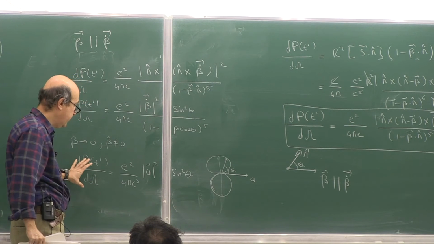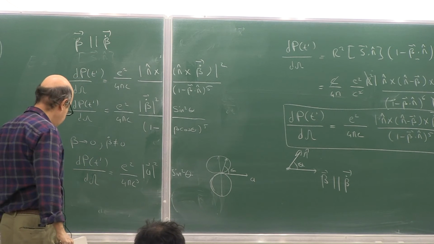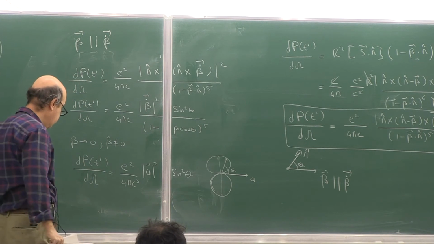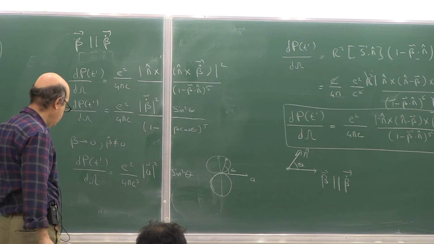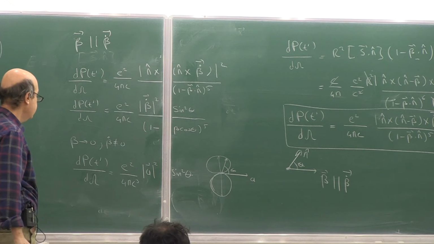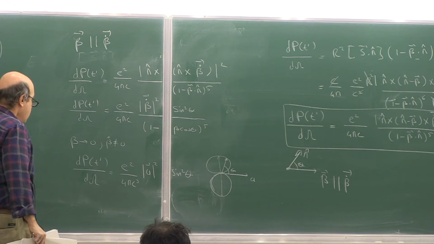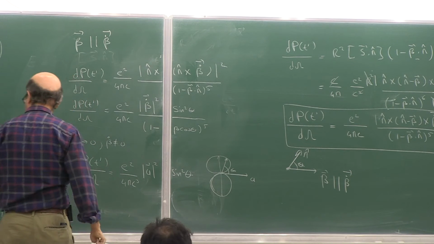And this is the case we derived. This agrees with what we have done, dP over solid angle, power emitted per solid angle, for the non-relativistic case. If you look at the lecture notes, this is the identical form. So this formula is working well in the non-relativistic case.